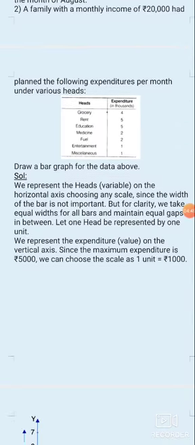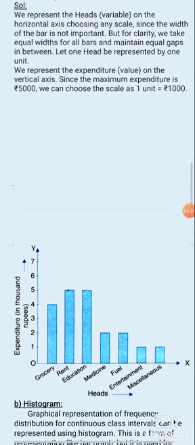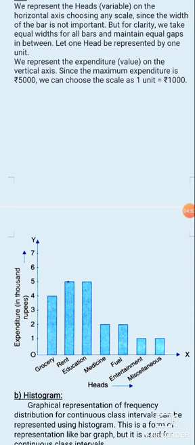Now listen carefully to the bar graph. Heads on the horizontal axis and expenditure on the vertical axis. The heads are grocery, rent, education, medicine, fuel, entertainment, and miscellaneous.